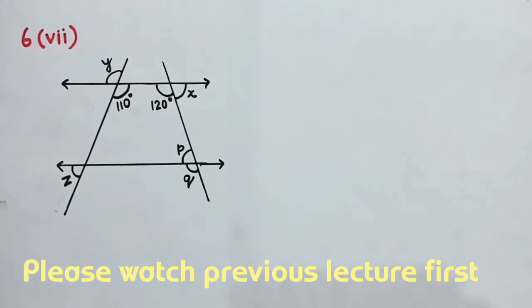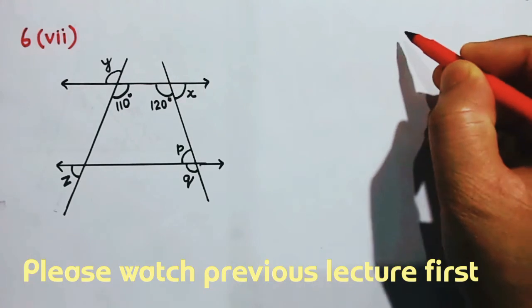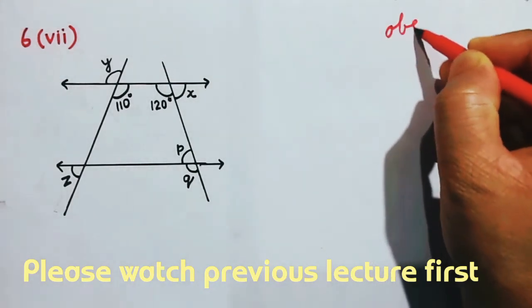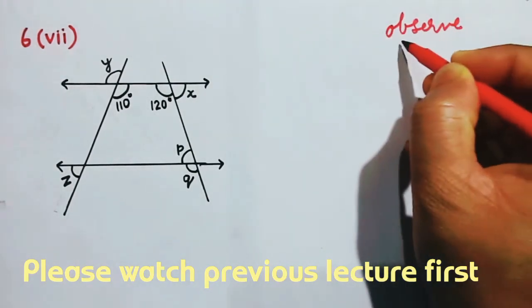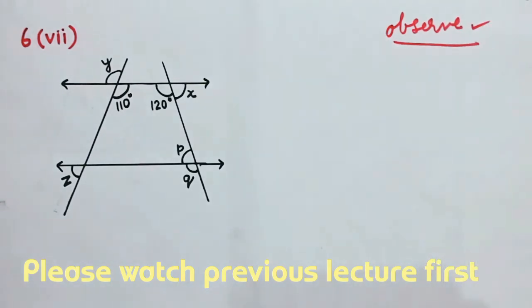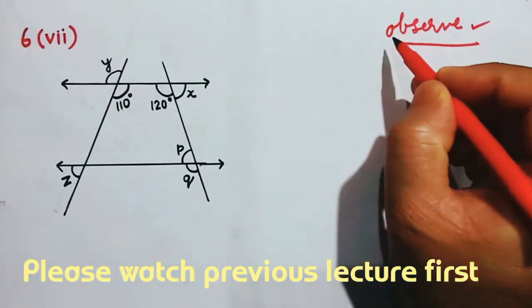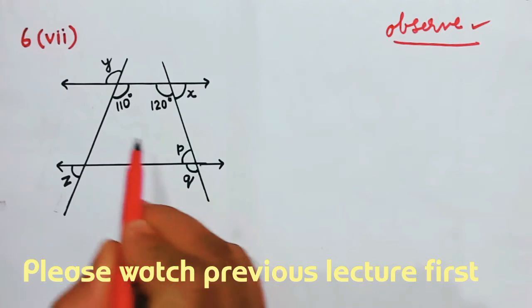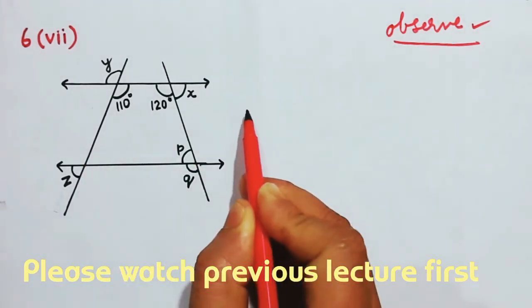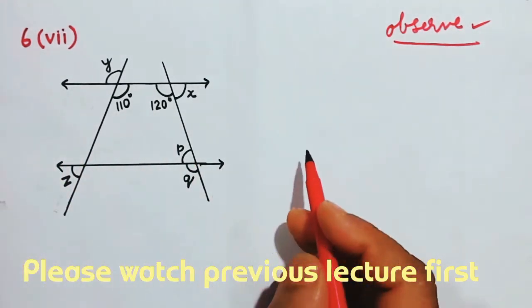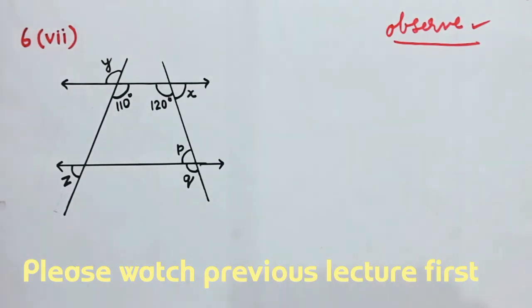And as I said, our priority here is to observe sums. Observe. Okay? Priority is to observe. Until and unless we observe the problems, observe the lines, we will not be able to solve it, isn't it?